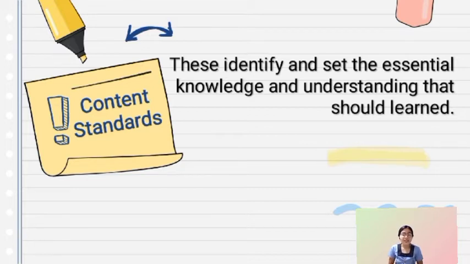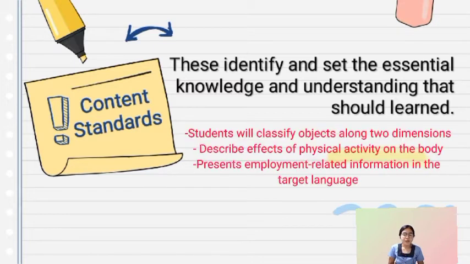Examples of content standards would include: the students will classify objects along two dimensions; describe effects of physical activity on the body; and present employment related information in the target language. So yun yung nasa content standard.